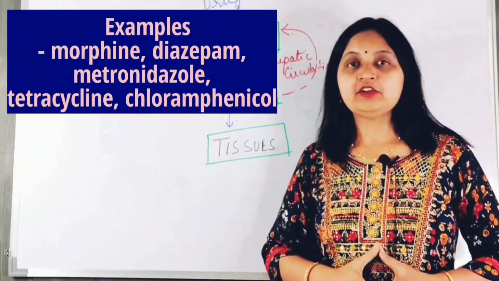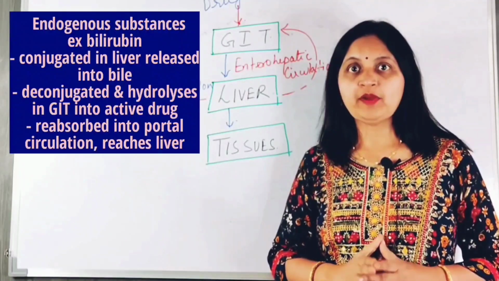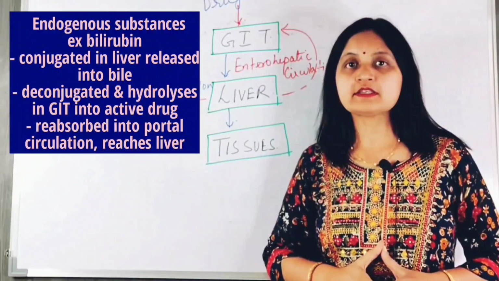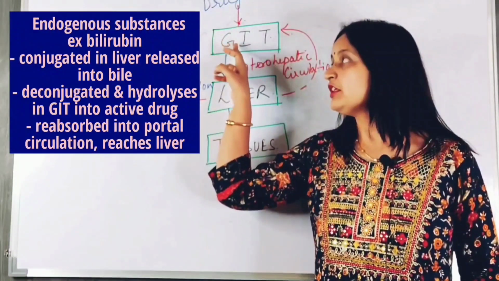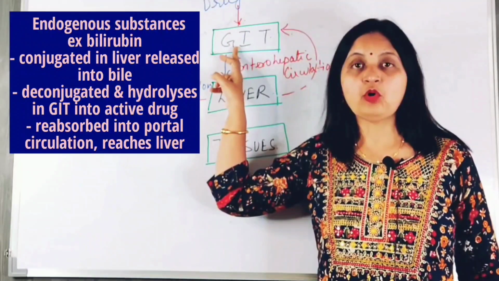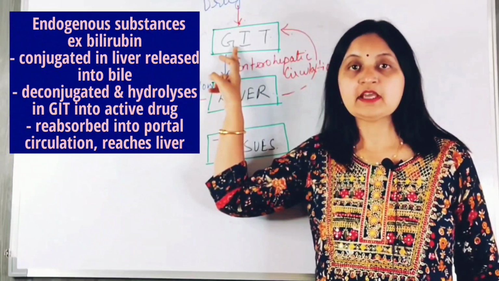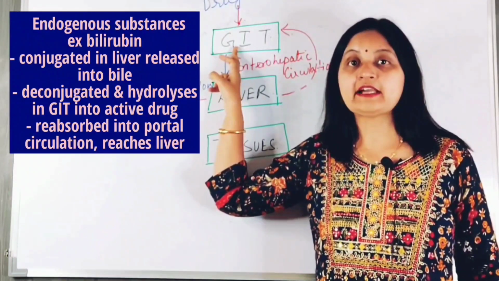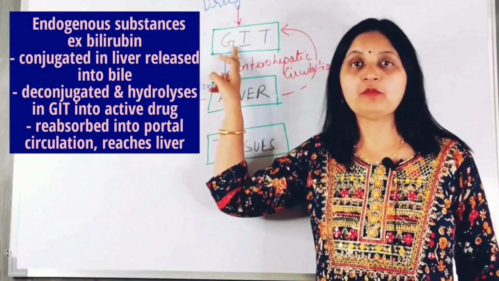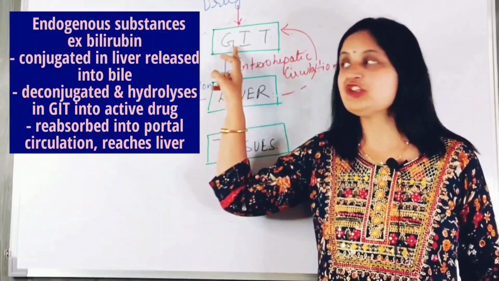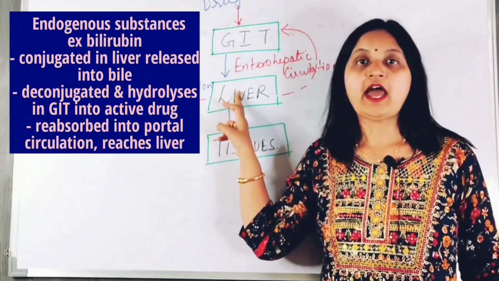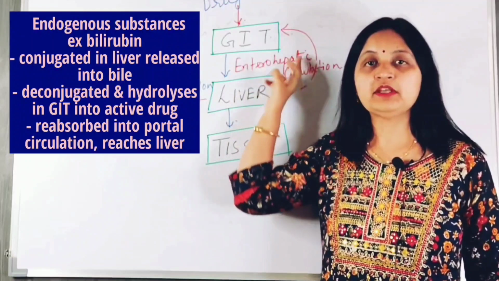Some of the drugs and endogenous substances such as bilirubin, steroidal hormones, and thyroxine are delivered into the GI tract where they undergo deconjugation and are hydrolyzed by the gut enzymes into active drug. This active drug is reabsorbed by the portal circulation and reaches the liver and is then excreted into the bile.